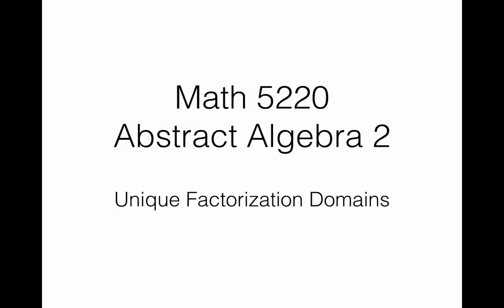In this lesson, we discuss unique factorization domains. So we now have all the terminology to define our final class of rings. So we've been studying commutative rings with identity. An integral domain R is called a unique factorization domain.